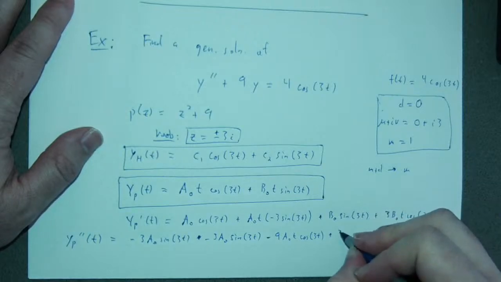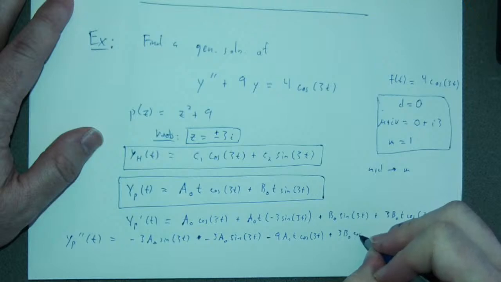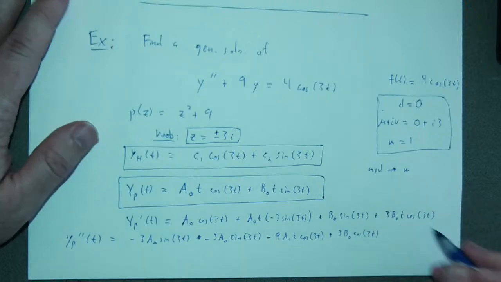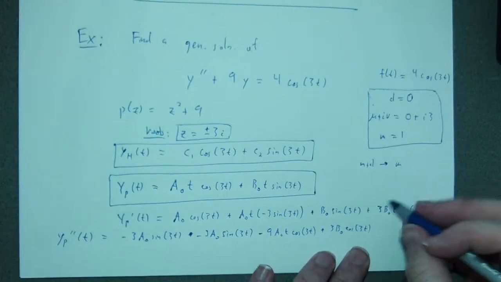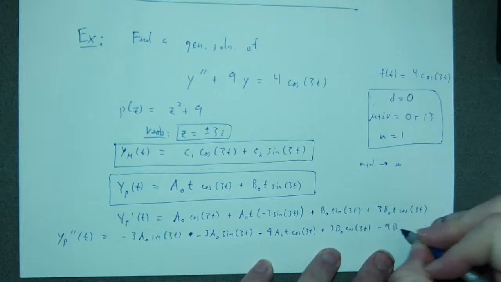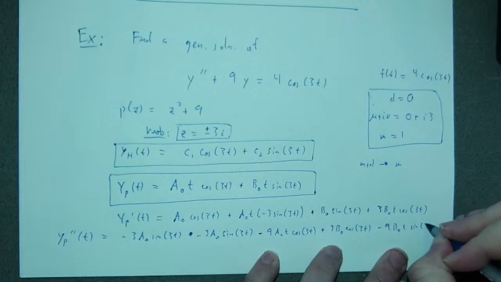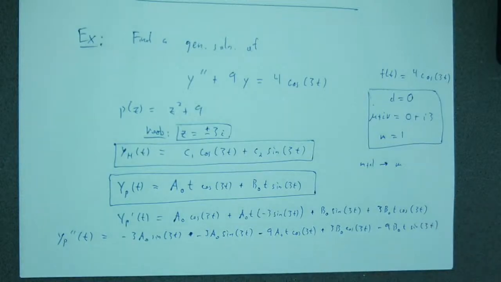plus 3 b naught cosine of 3t minus 9 b naught t sine of 3t. Let's clean that up just a little bit.